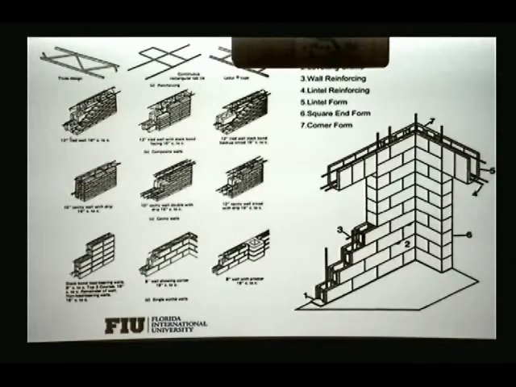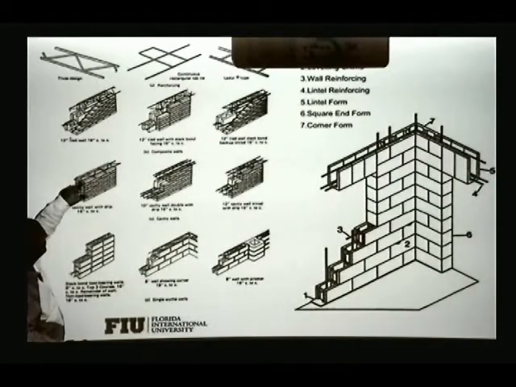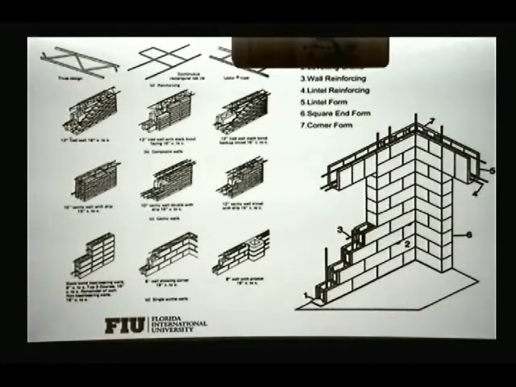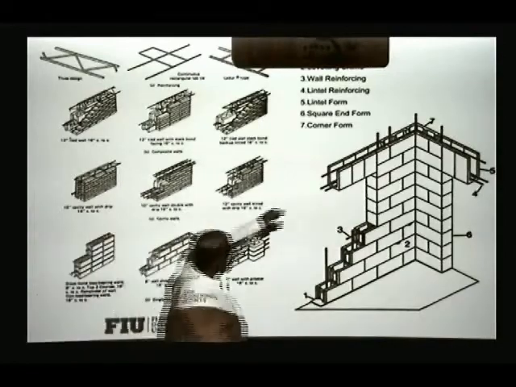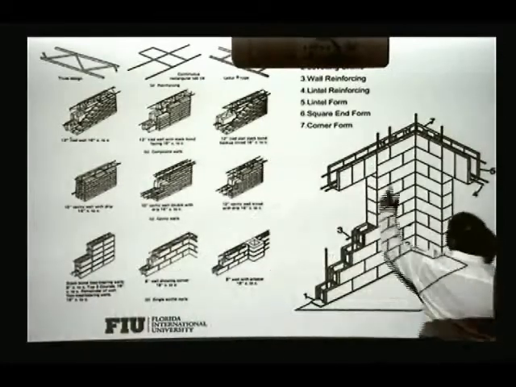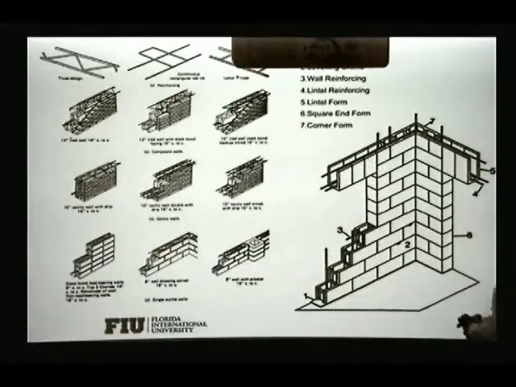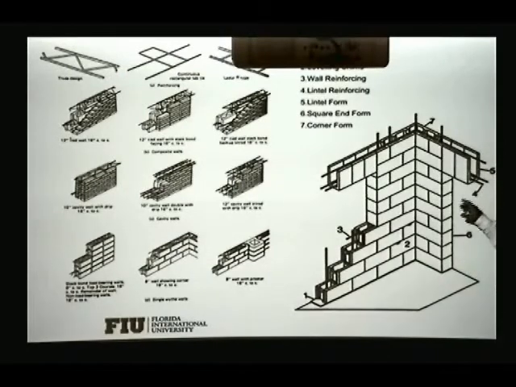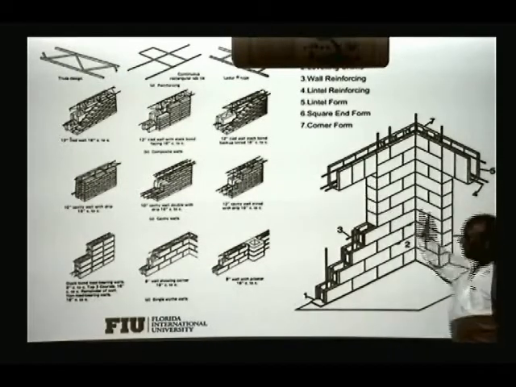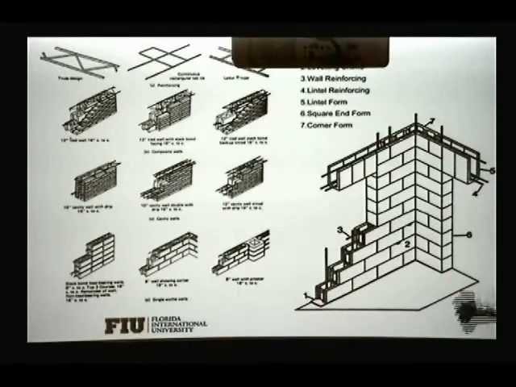We have steel reinforcement to give additional strength to those walls. So the reinforcement, again, it can be horizontal. They sell these pre-welded ladders that you put into the different rows of brick to give that wall strength. You may have vertical reinforcement that goes through the holes in the concrete blocks to give strength, horizontal strength, or strength for wind.